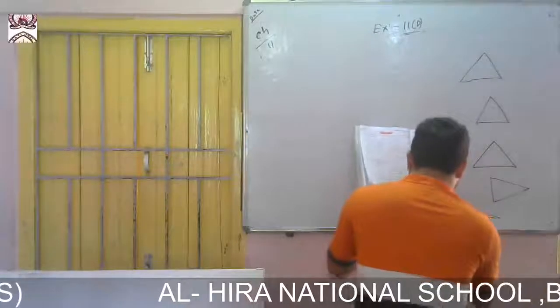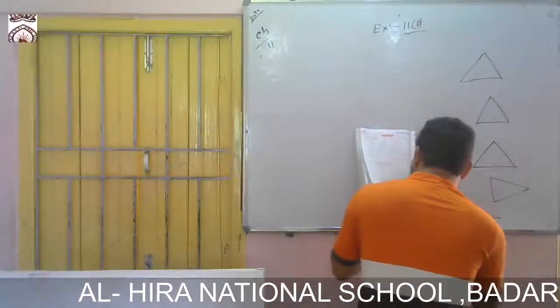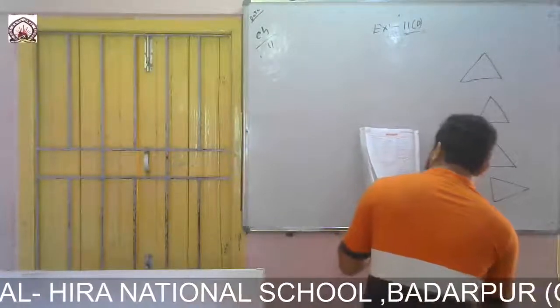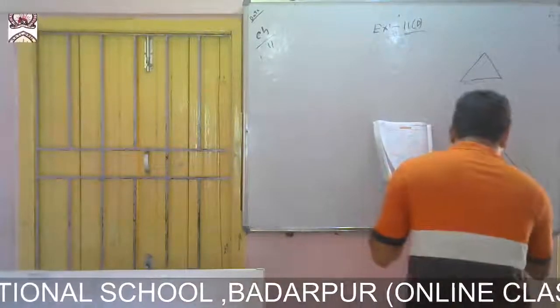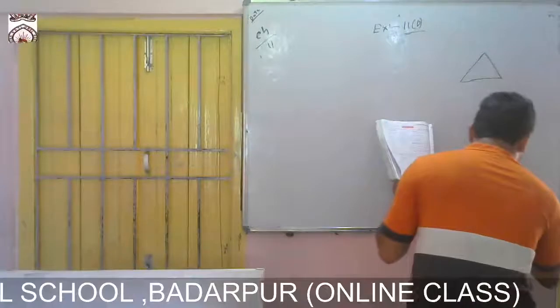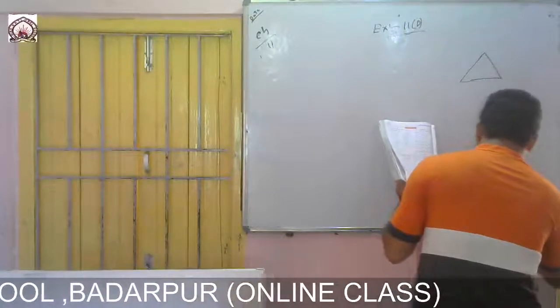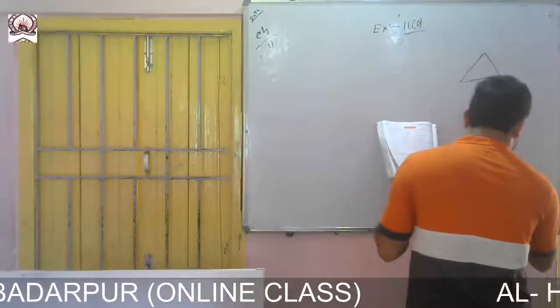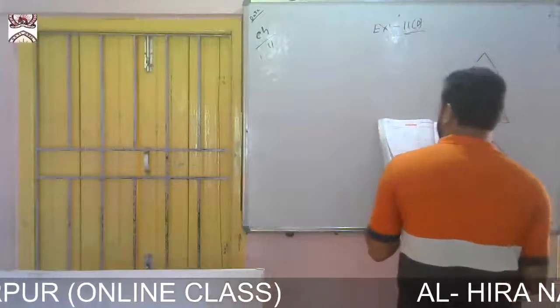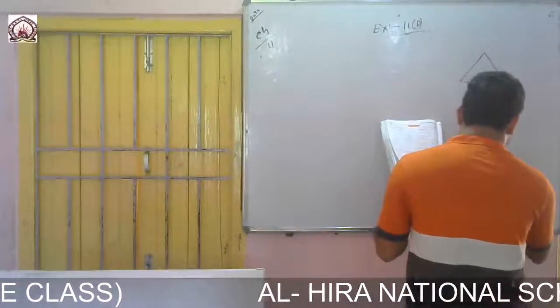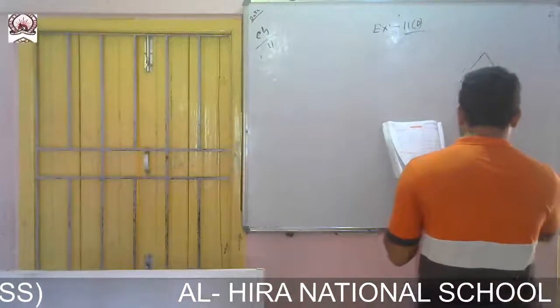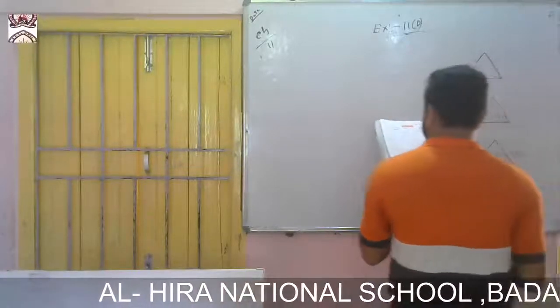So 3.2 centimeter, 2 centimeter, 5 centimeter. This one 4.5 centimeter, this one 4.5 centimeter. This one 5 centimeter, this one 5 centimeter, this one 5 centimeter.